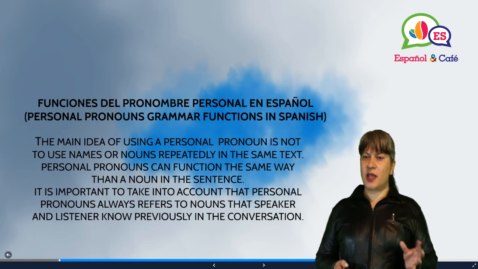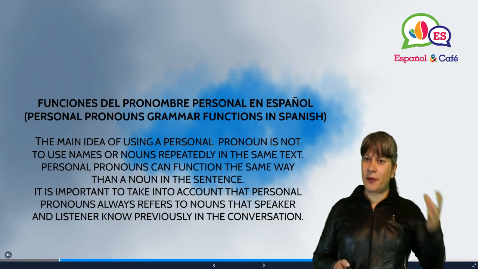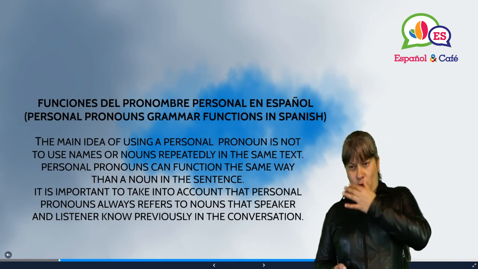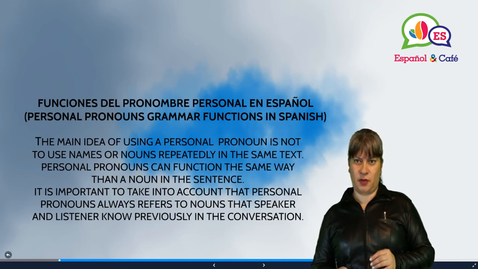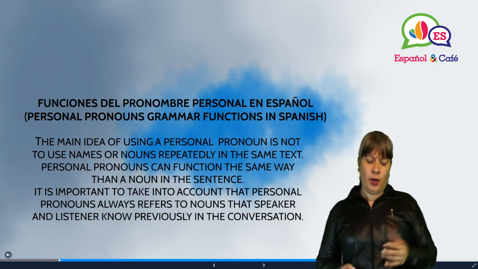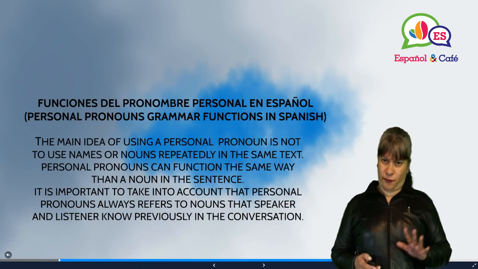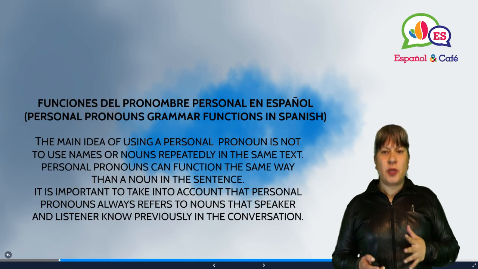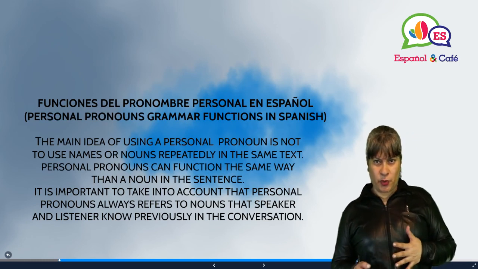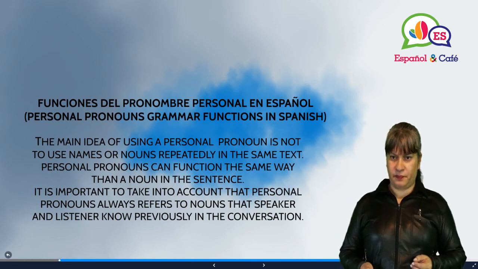In this case, ella replaces Maria in the following sentences after we talk the first time about Maria. What other thing is important about the use of pronouns? Pronouns also are an economic way to use language when we talk or when we write.